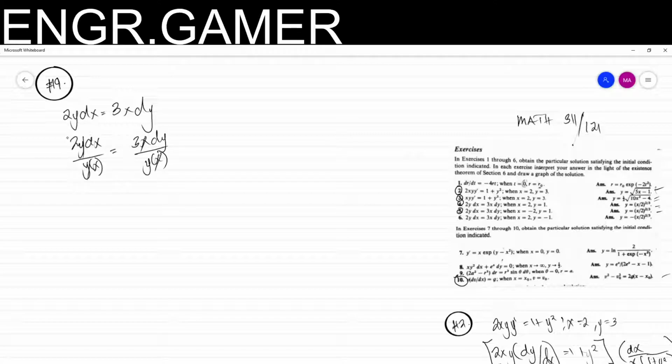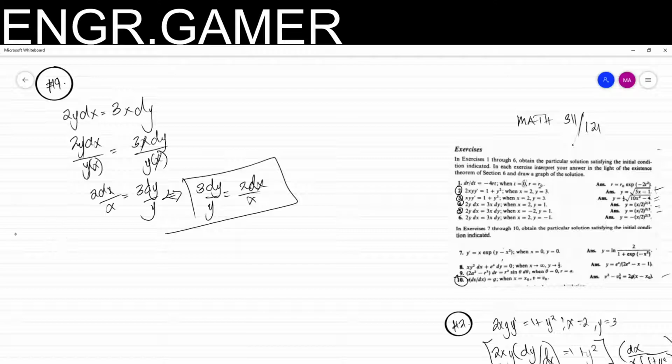So meron tayong 2 dx over x is equal to 3 dy over y. So rearrange lang natin para ang left side natin is y, in terms of y kasi yung solution natin. So we have 3 dy over y is equal to 2 dx over x. Okay, equal pa rin siya.